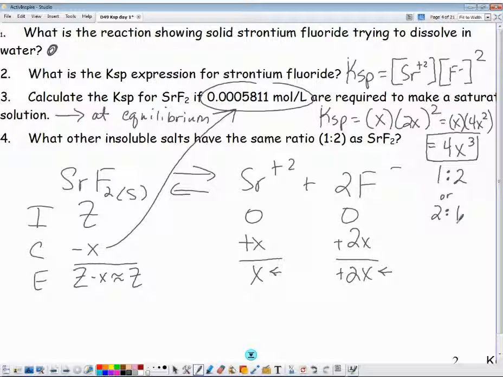All right. So if I have the value of X, can I just go plug it in? Sure I can. Let me grab my eraser and erase this part right here, and let's plug it in.